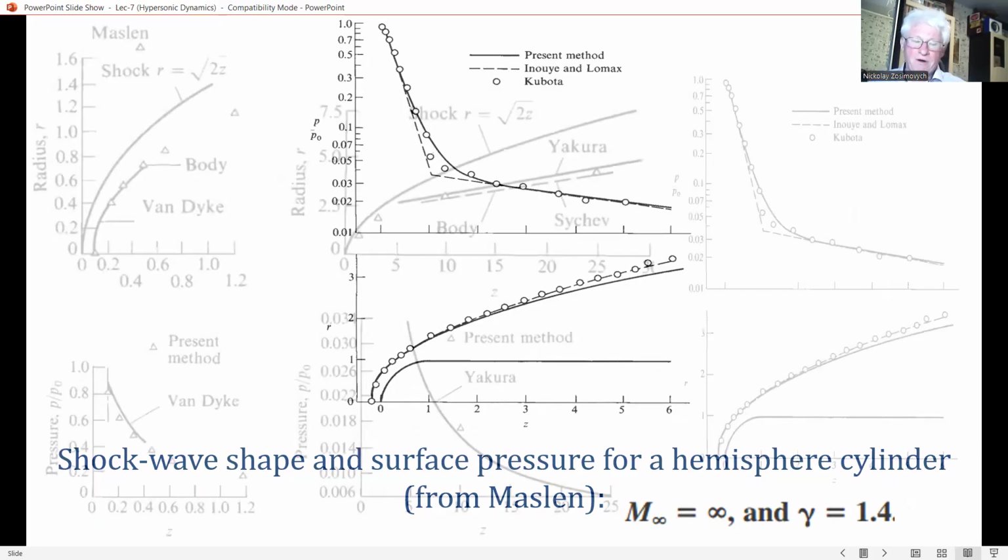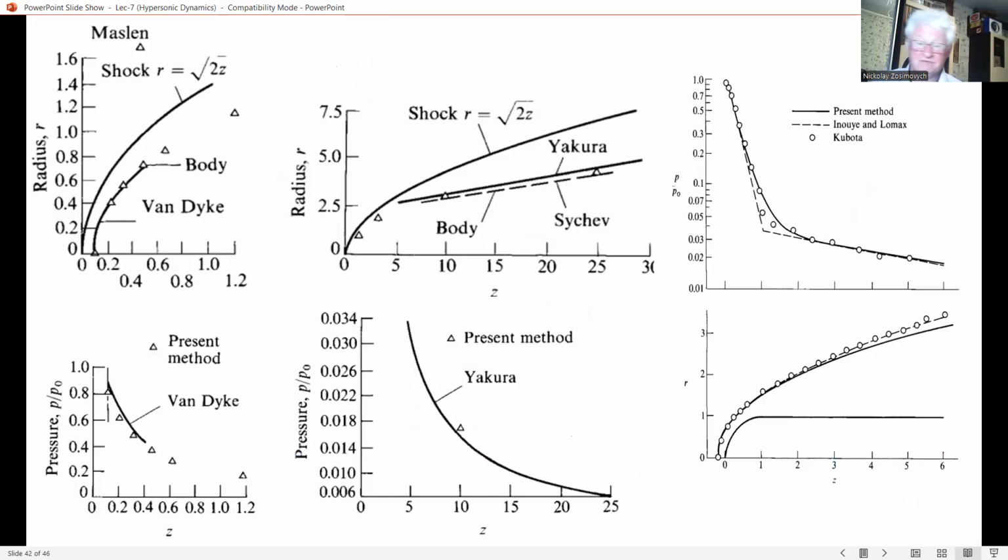Therefore, considering those three figures, Maslin's method is relatively straightforward to apply and can be considered an excellent example of the general class of thin shock layer methods. Also, note that Maslin's method applies to blunt as well as to slender bodies because of its accuracy and simplicity. And Maslin's method has found frequent application in inviscid hypersonic flow analysis, including up to the present day.